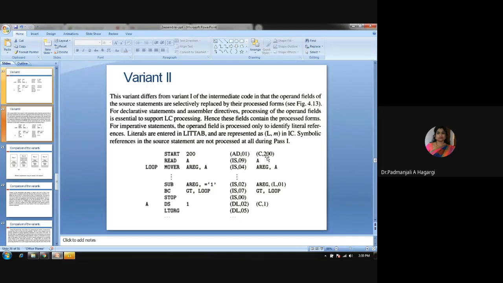Now read is an imperative statement, so it has a code of 09. The first operand is not there, the second operand is A, and it will be a forward reference. But that is not the question here.